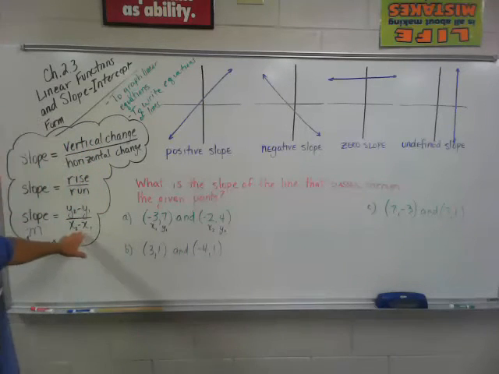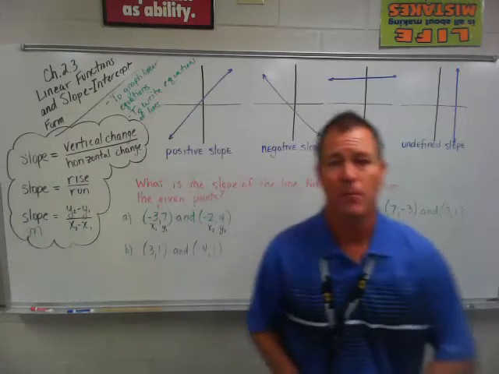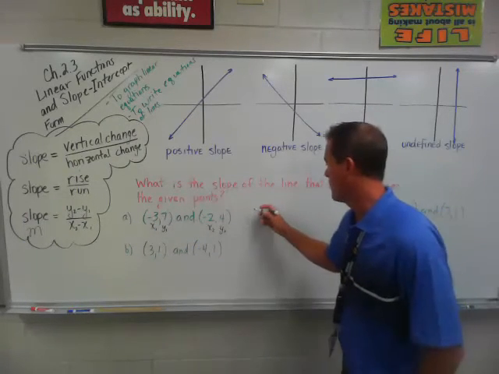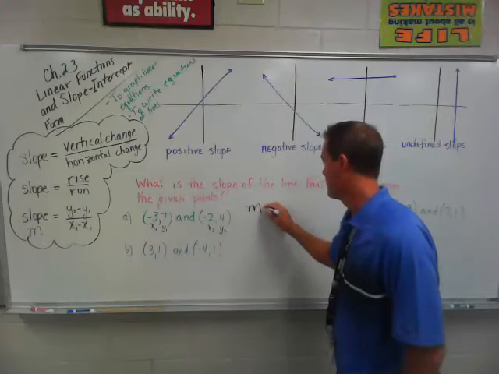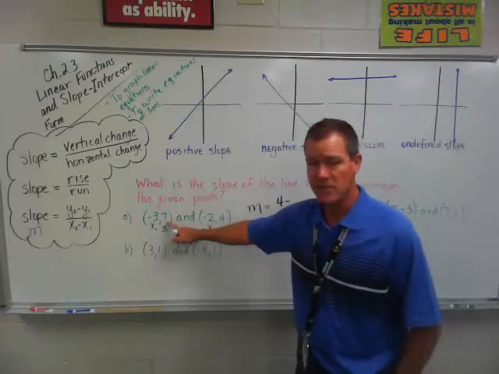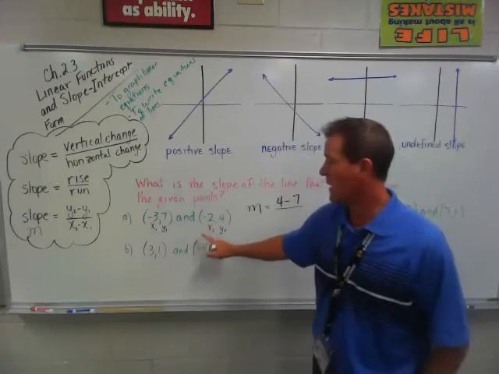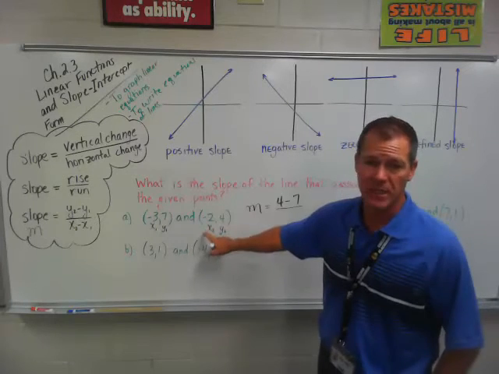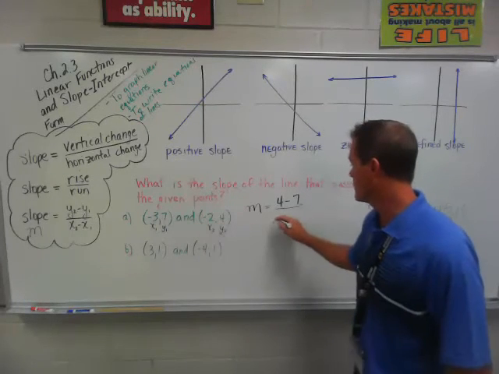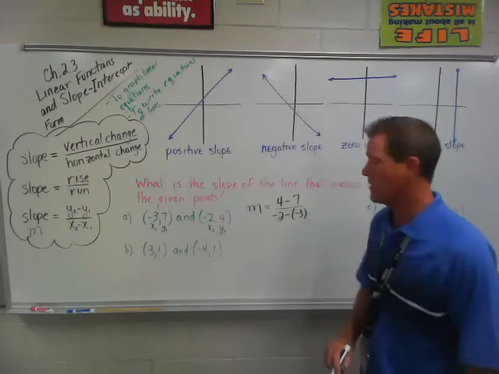So if I go back to my slope equation over here, I've got y2 minus y1 in the numerator. So I'm going to call it m. y2 is 4, minus y1, which is 7. And then my denominator would be x2 minus x1, so I have -2 minus -3.